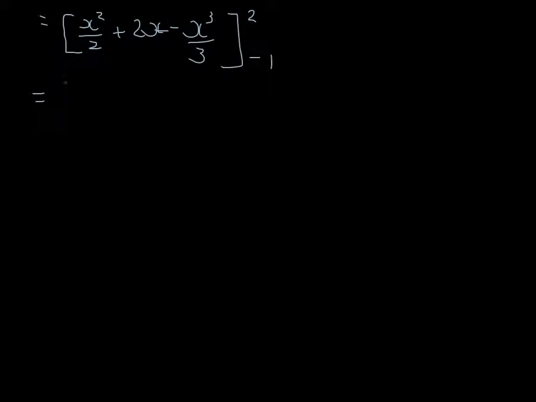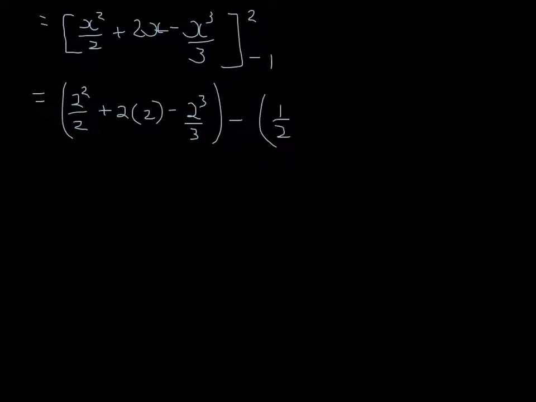So that equals, we'll sub in 2 first, so it's 2 squared on 2 plus 2 by 2, minus 2 cubed on 3, minus, and now be careful of the minuses. It's minus 1 all squared, so that's a half, plus 2 times minus 1, minus minus 1 cubed on 3. Careful of that one there.